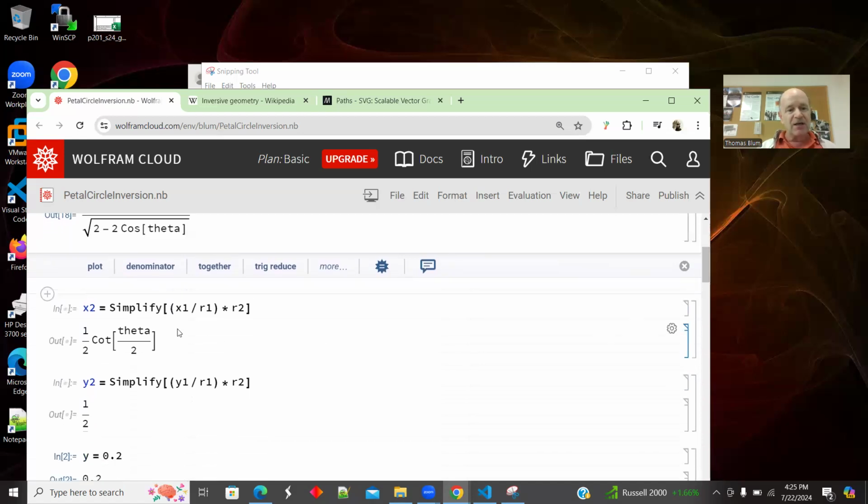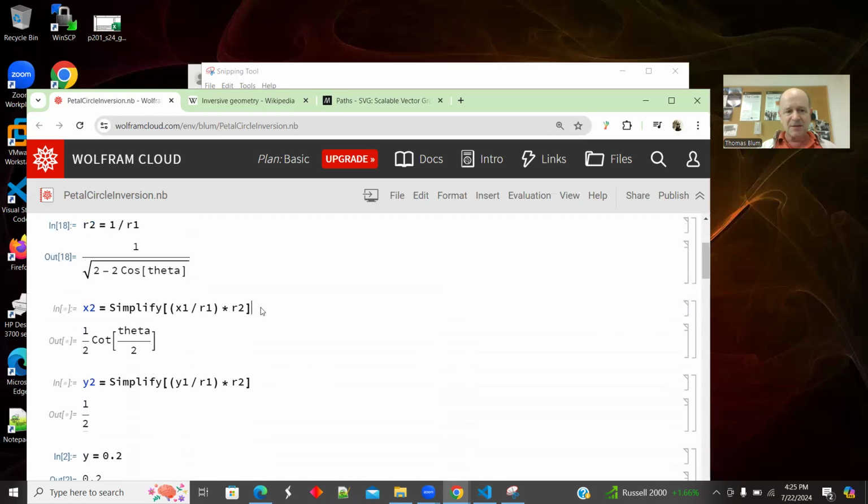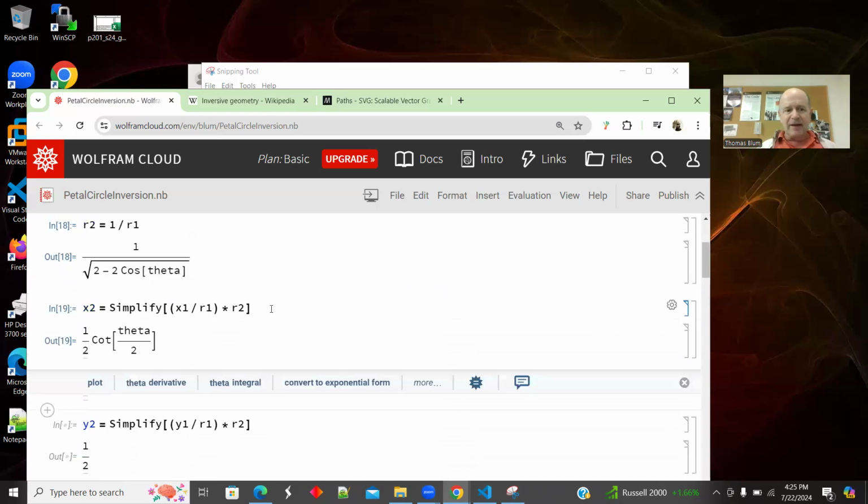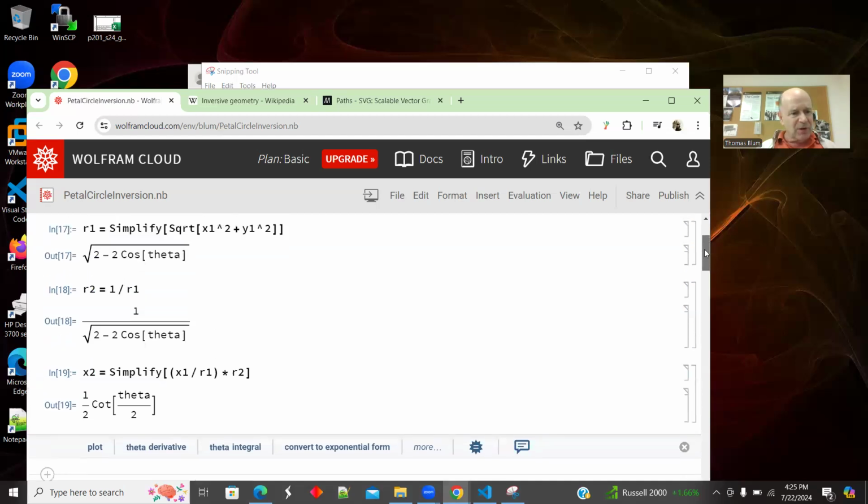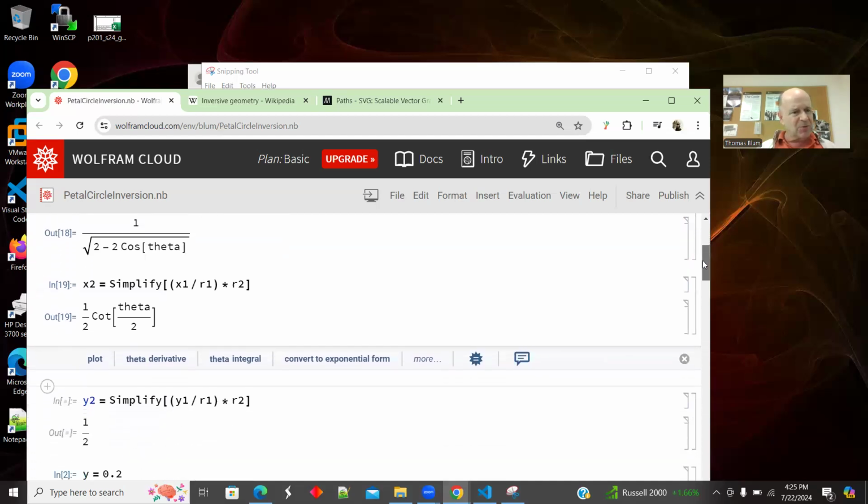So I am taking x on r, that's sort of a cosine, and then I'm multiplying it by my new radius. And I'm getting that it's 1/2 the cotangent of theta on 2, so it did a lot of algebra for me, some trigonometry, some algebra, and it came up with that.